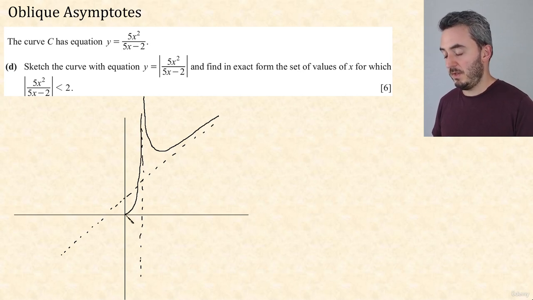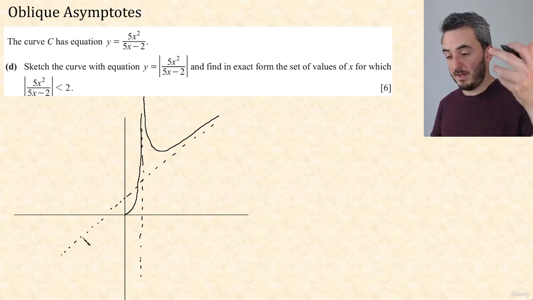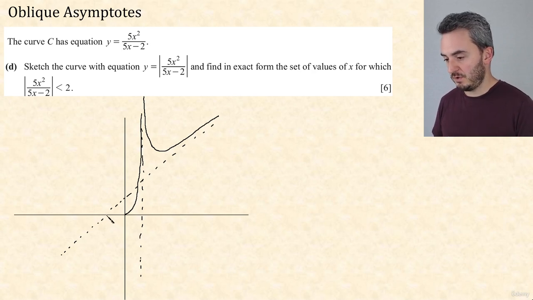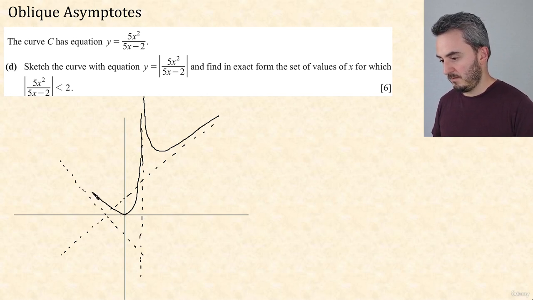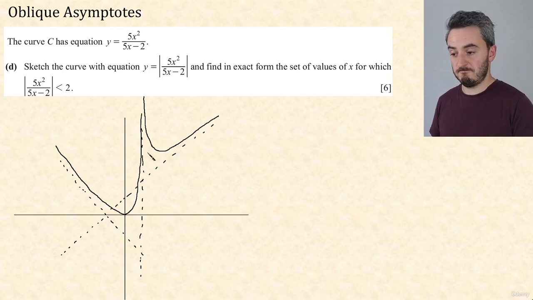And now what's the line that it's approaching now? Well, it would have been this x plus 2/5. That gets flipped over as minus x minus 2/5. So you kind of got to imagine this flipping over like that. And it's now going to be approaching that asymptote this way. So there is our function.